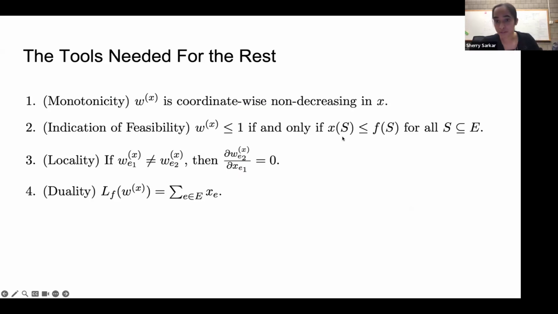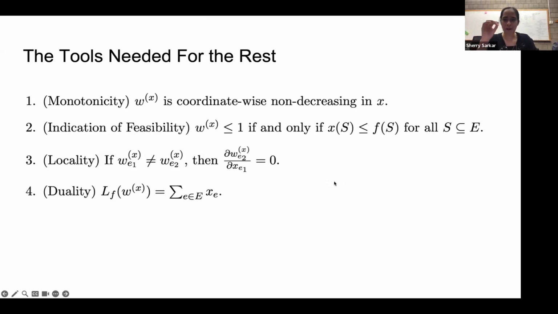Some of the tools that we use to get these guarantees are as follows. What I like about our section on water levels is that we prove some beautiful properties about water levels along the way. We show that water levels are monotone, and that they have an indication of feasibility: the water level is less than 1 if and only if it's a feasible primal.